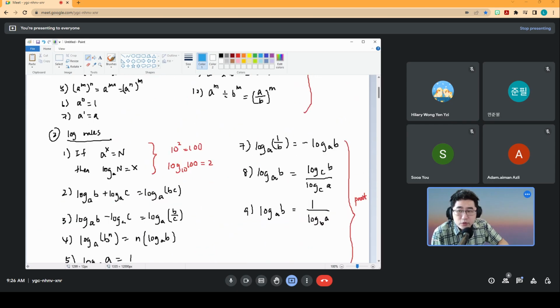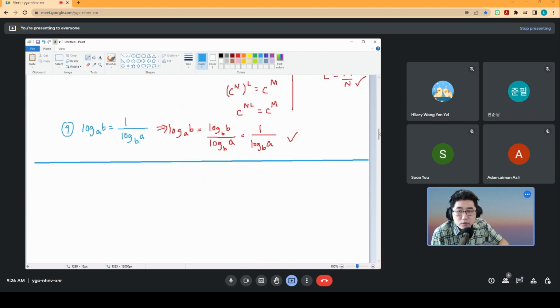Then after these log rules, number 3, students need to know how to solve algebra using indices and log.